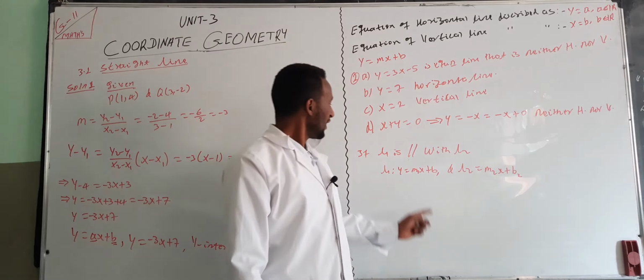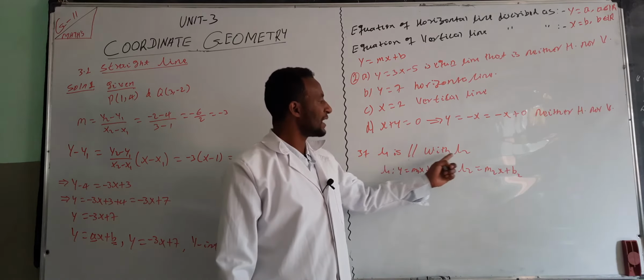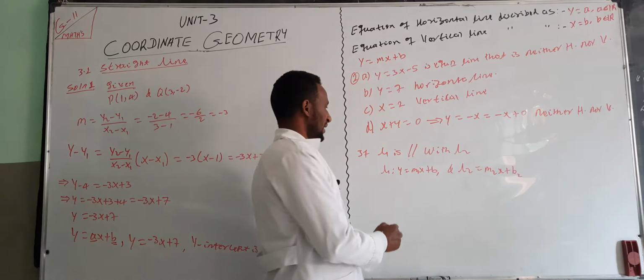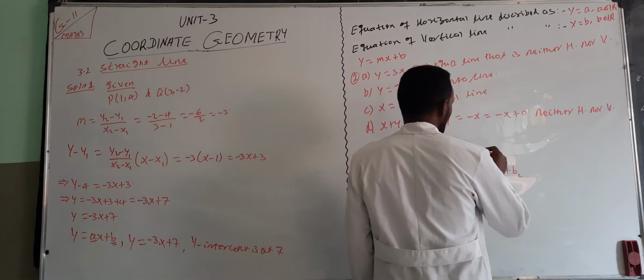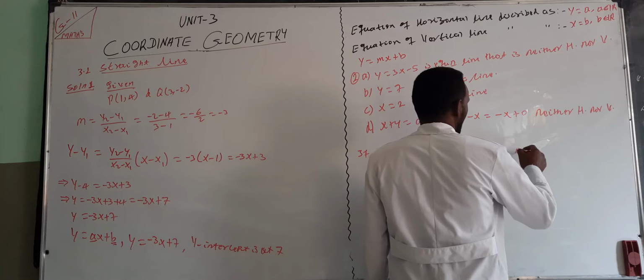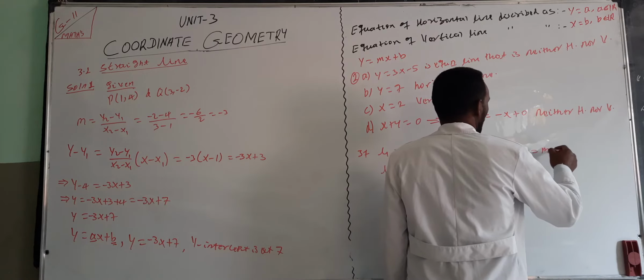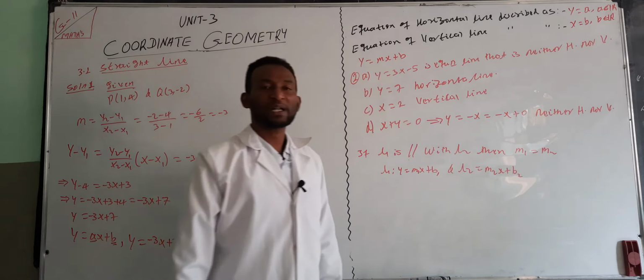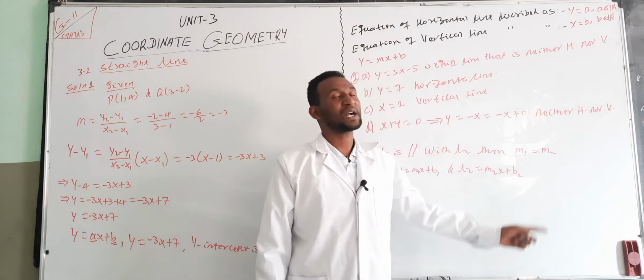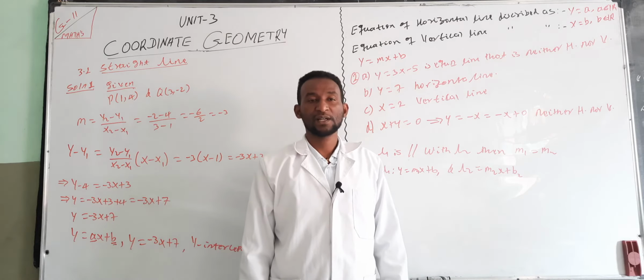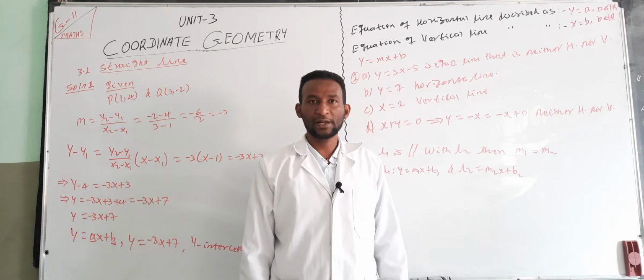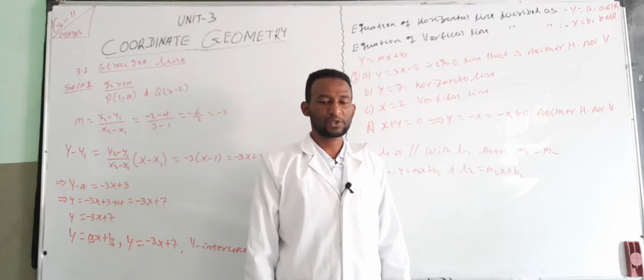Then if L1 is parallel with L2, then m1 is equal to m2. This means any parallel lines have the same slope.